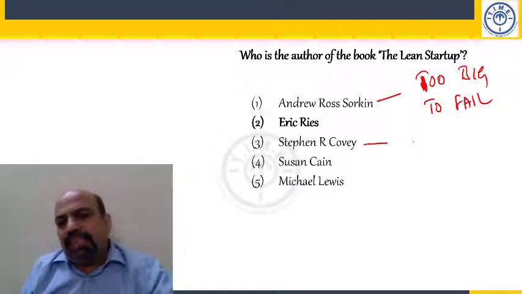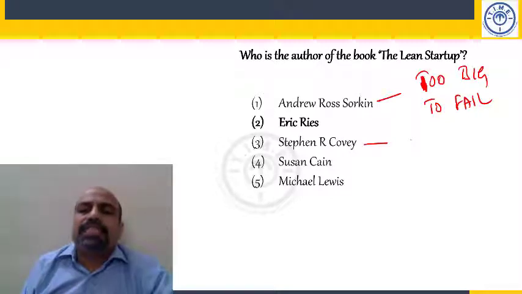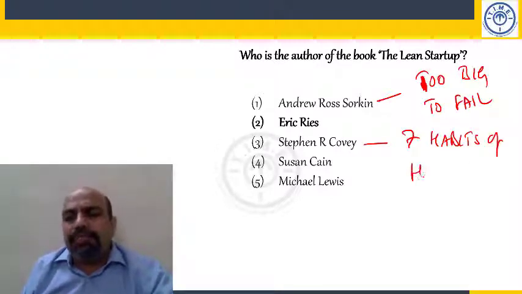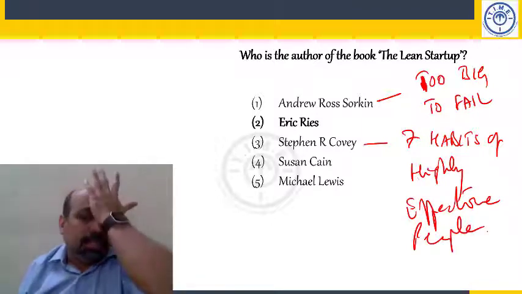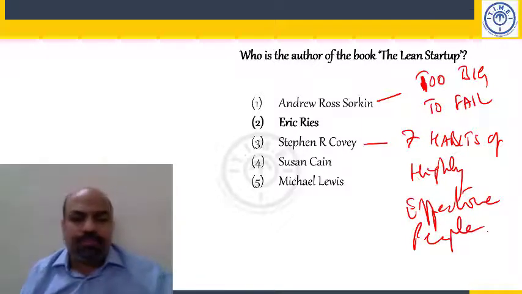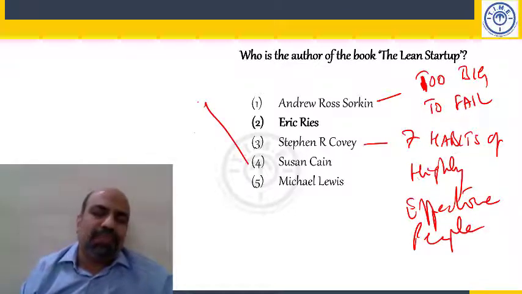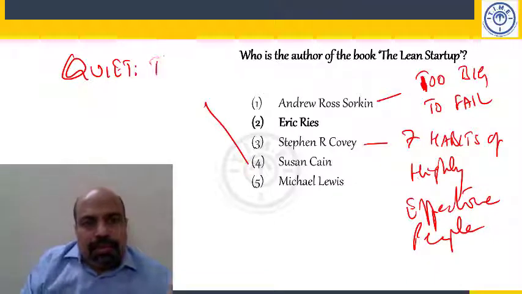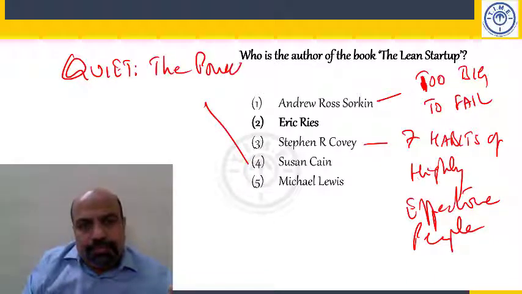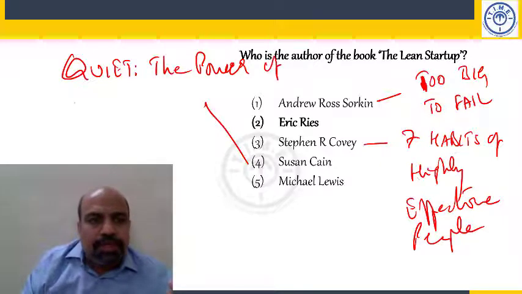Stephen Covey, the Seven Habits. Seven Habits is a very famous book of highly effective people. Seven Habits of Highly Effective People. And Susan Cain, not something you should know, but anyway, write this: Quiet. The power of introverts in a world that can't stop talking.